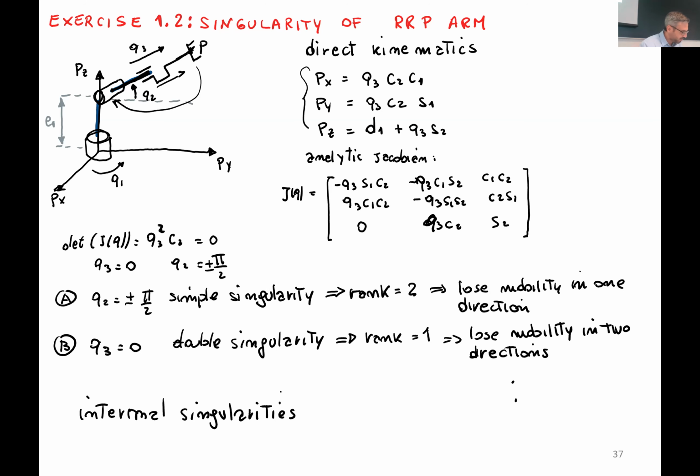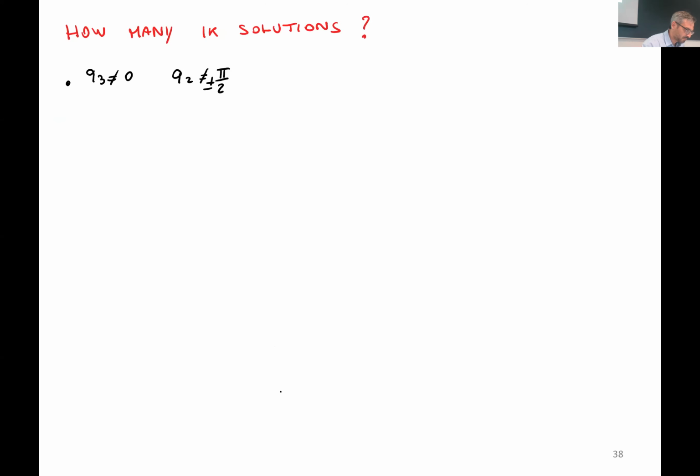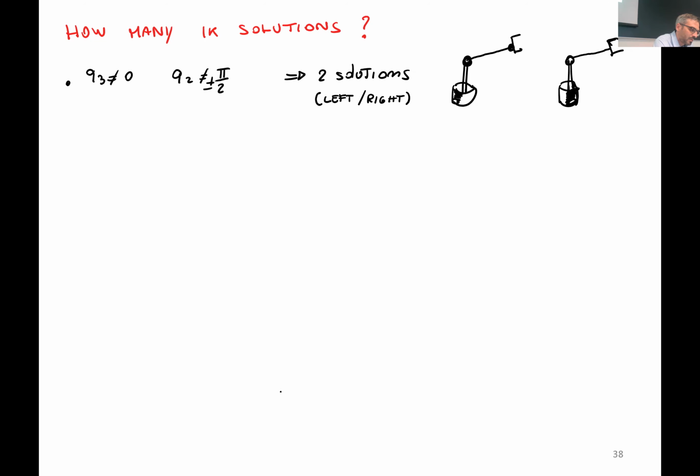Now we can draw them. How do they look like? We see that in this case, for example, we can relate the singularity again to the inverse kinematic solutions.